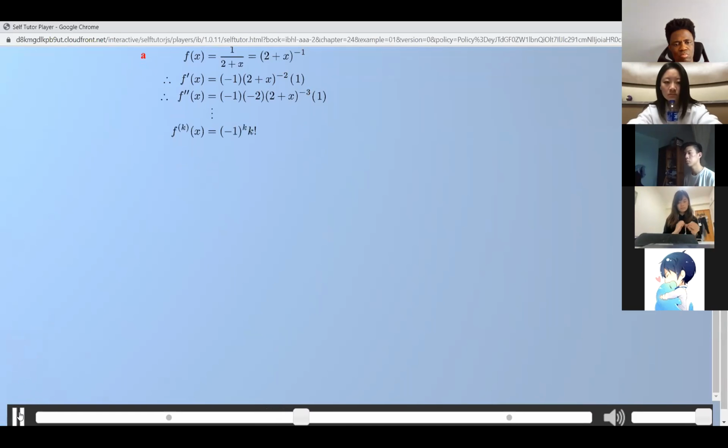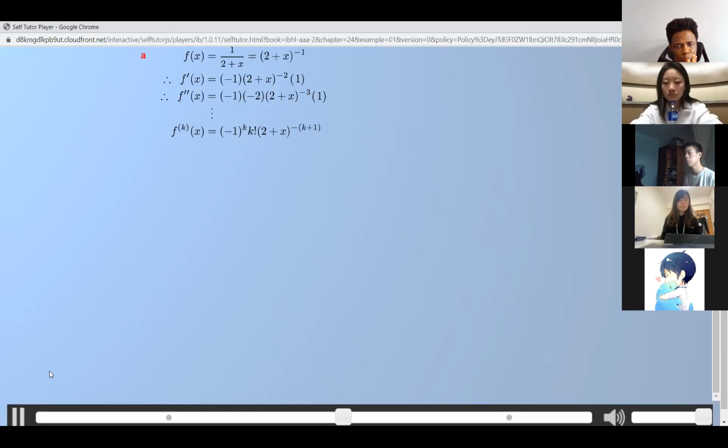With each derivative, the power of the expression 2 plus x gets reduced by 1. For the first derivative, it is minus 2, and for the second, it is minus 3. So for the kth derivative, it is minus k plus 1. For the kth term of the Maclaurin series representation of the function, we need to evaluate the kth derivative at x equals 0.